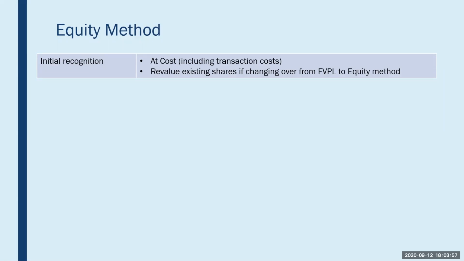And now that the nature of the investment has changed over to become an investment in an associate and the equity method must be used, the existing shares need to be revalued, and any resulting gain or loss must be recorded in net income.